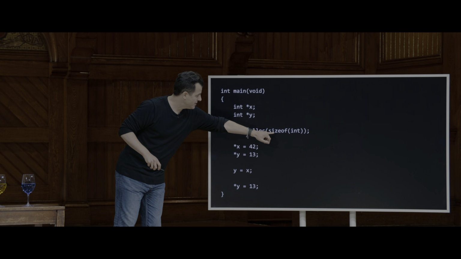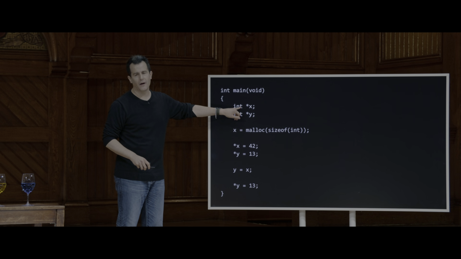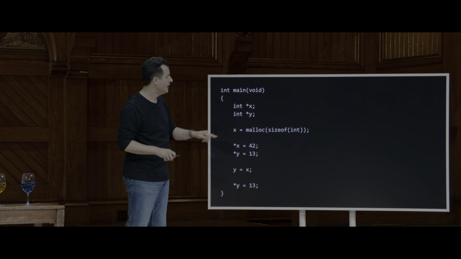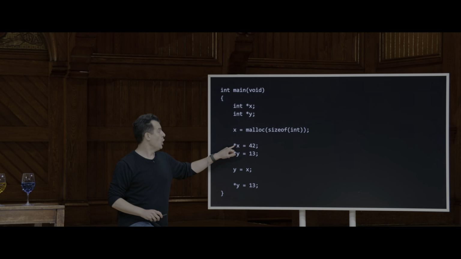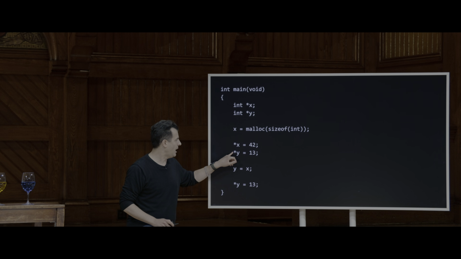Malloc the size of an int and store it in x. So I'm giving myself space for x, even though obviously I could have done this weeks ago by just not using the star and just saying, give me an int x. Now I'm doing it the low level way, mallocing the x for myself. I'm then saying, go to x, go to that address in memory, and put the number 42 there. I'm then saying, go to y, and put the unlucky number 13 there.